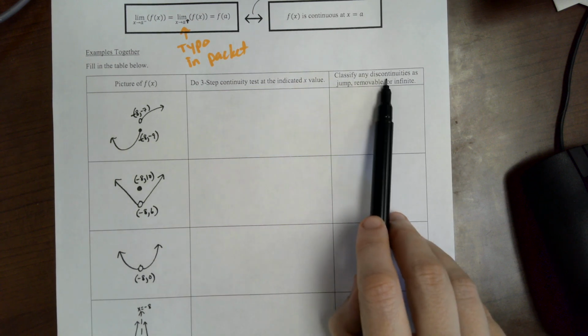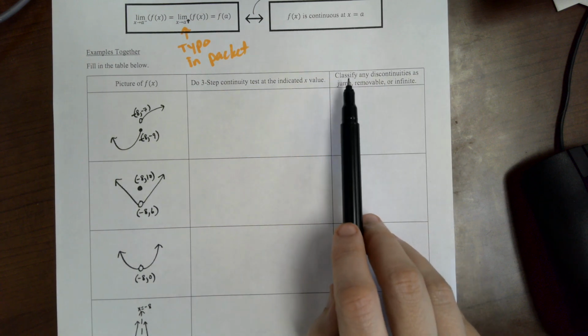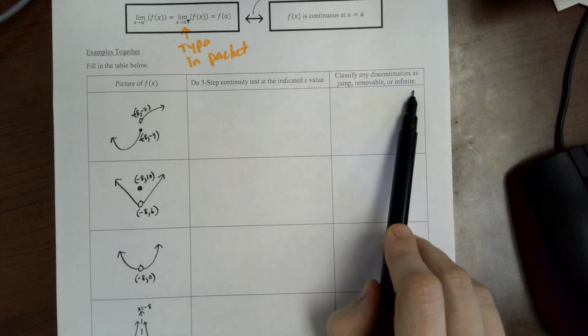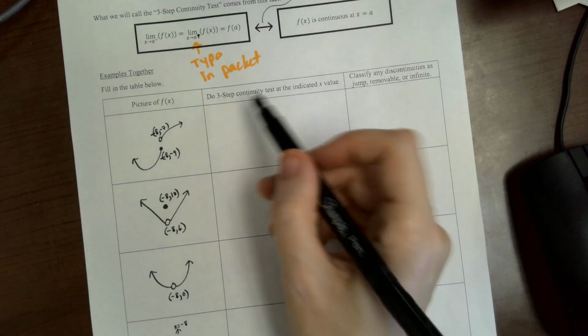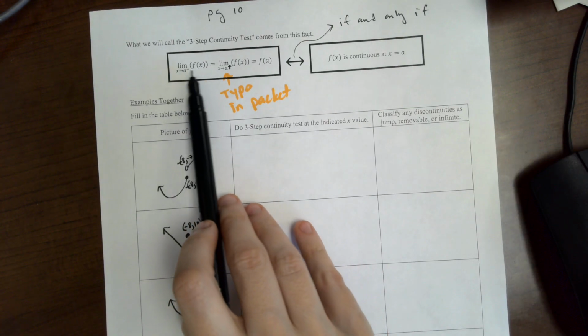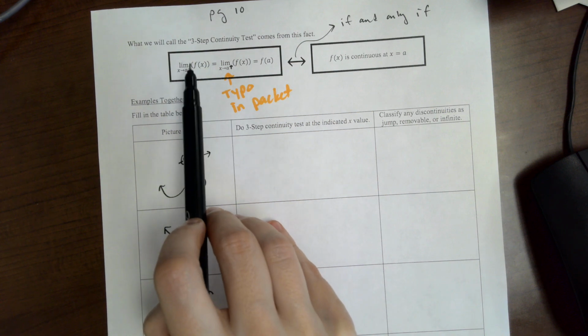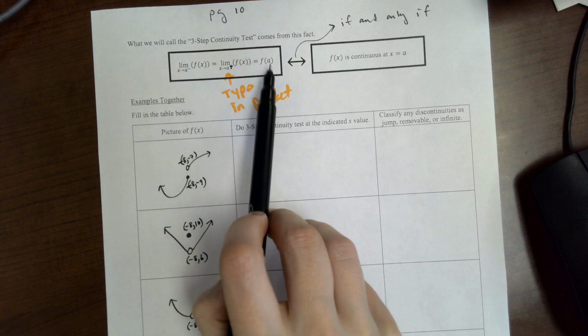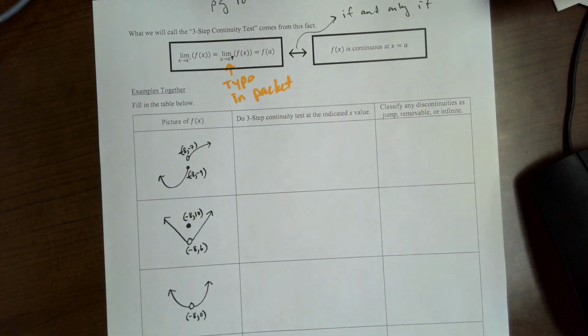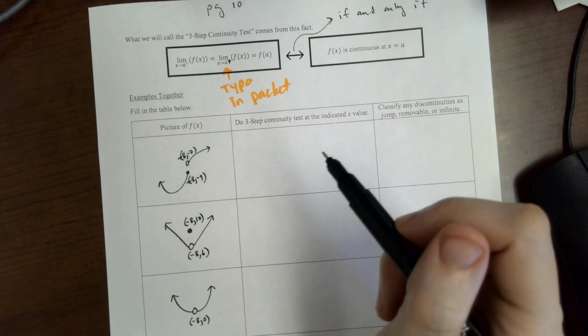And then we're going to classify any discontinuities as jump, removable, or infinite. The 3-step continuity test, we're just going to take this statement here and split it into 3 parts. If we get the same number for all 3 of these, then yes, the graph is continuous at the value that we're approaching.